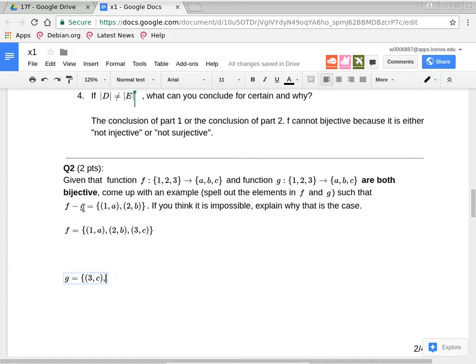Is that making any sense? But it is also injective and surjective, which means there's only one way, and it has to be like this. There's no other way to do it. So based on the constraints, this is the only way to assign elements to F and G.